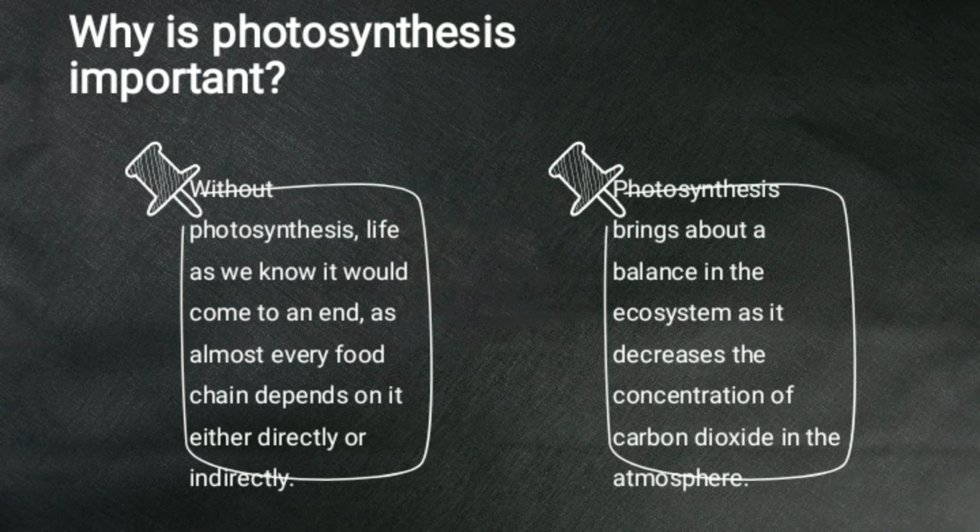Together with other processes such as respiration and combustion, it can help to maintain levels of oxygen and carbon dioxide in the atmosphere. Without photosynthesis, we wouldn't have fossil fuels such as coal and petroleum, as these were formed from the photosynthetic processes.